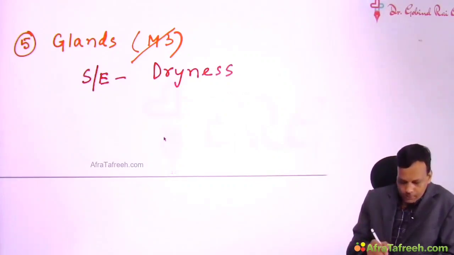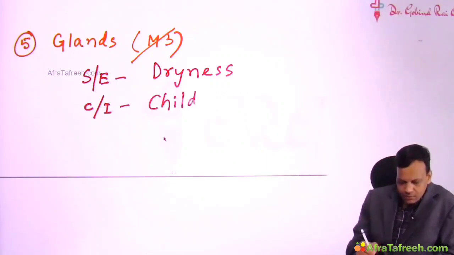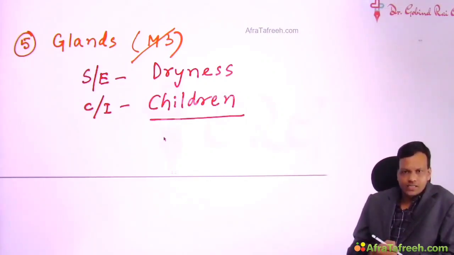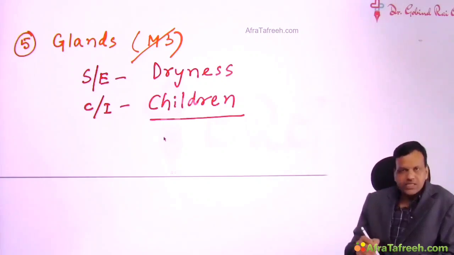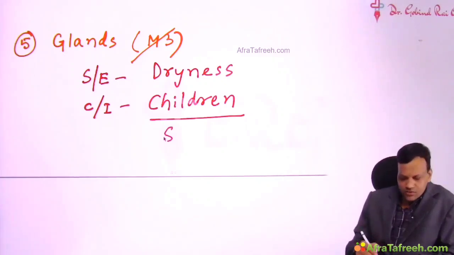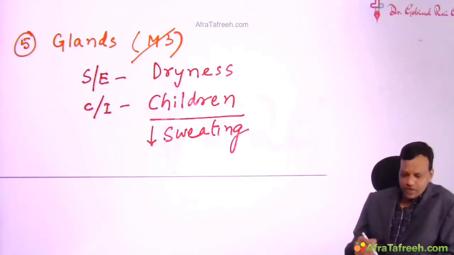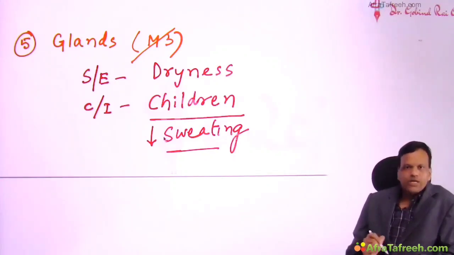Now, due to decrease in secretions, they are contraindicated in children. Particularly atropine-like drugs, strong anticholinergic drugs, are contraindicated in children. The reason is they decrease all the secretions including sweating. And we know sweating occurs to decrease the body temperature. So if we give anticholinergic drugs to a child, sweating cannot occur, so body temperature cannot be reduced.